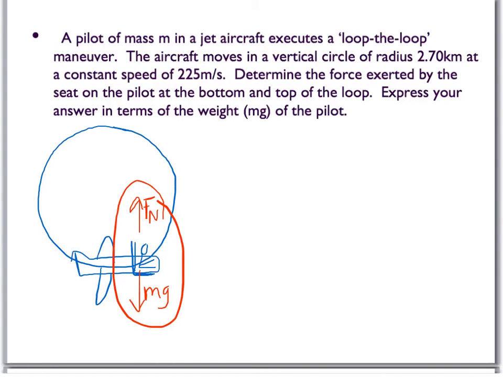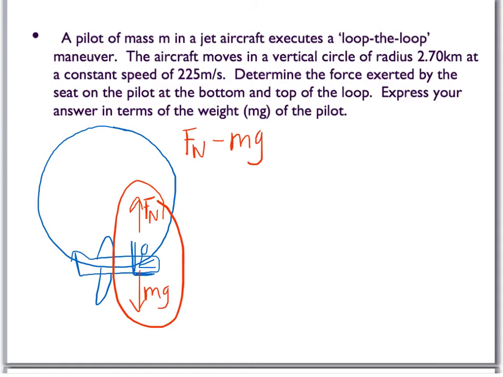We would call this a radial direction, one going in, one going out, but again, they're both acting together, but they're acting in opposite directions. So when we sum up these forces, we would basically have the normal force pushing up and the weight, mg, pulling down. So we would subtract that mg.